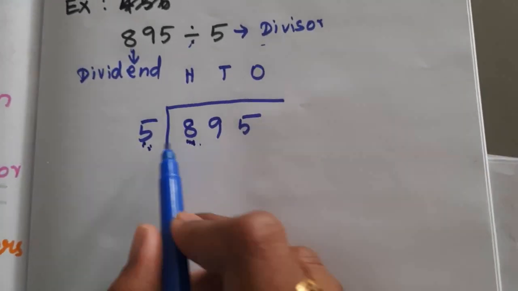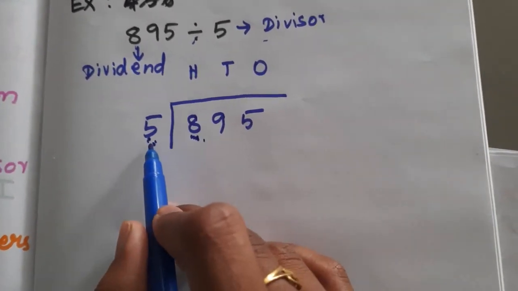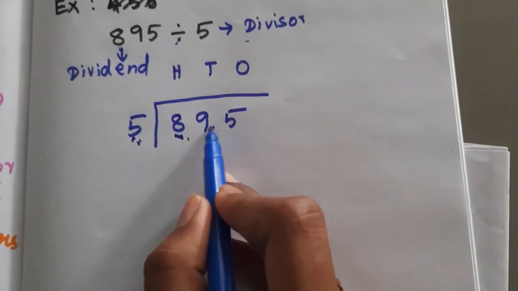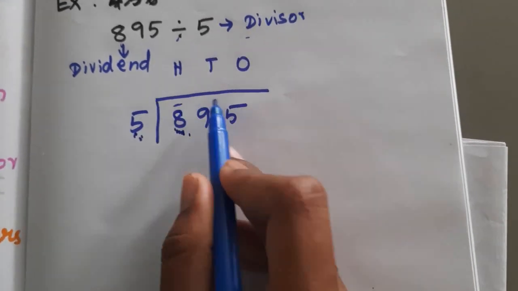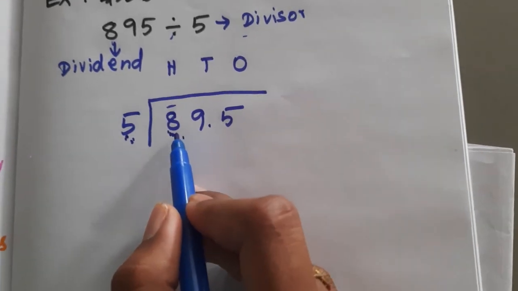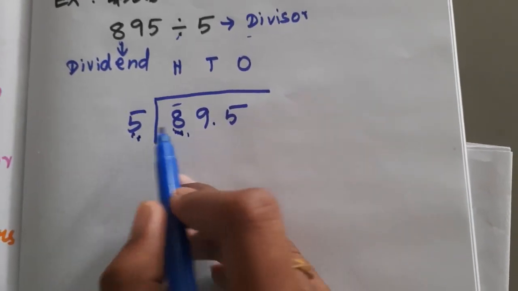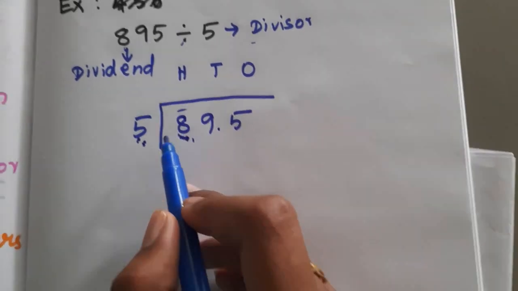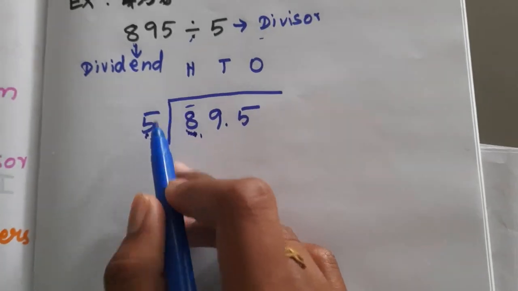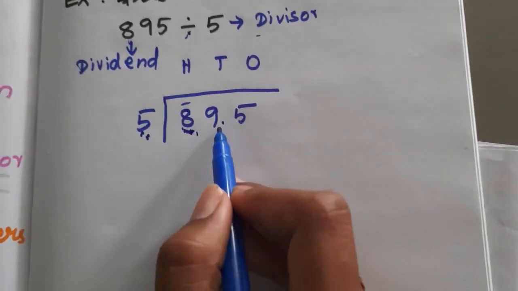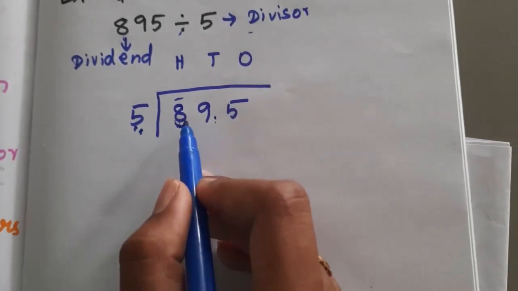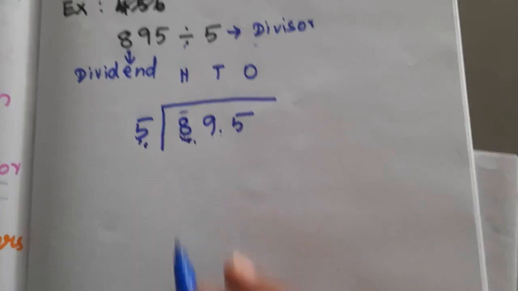In case the divisor is greater, then you take the next digit and see the 2 digit number. Here the dividend 8 is greater, so we do the further step.